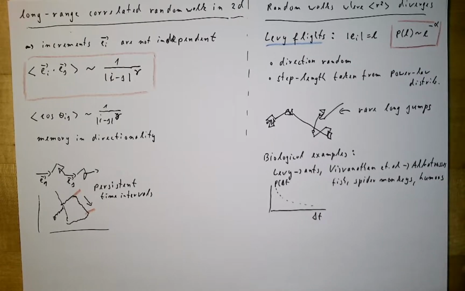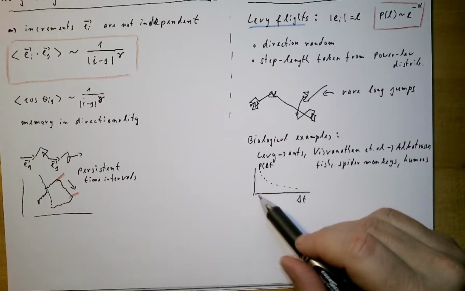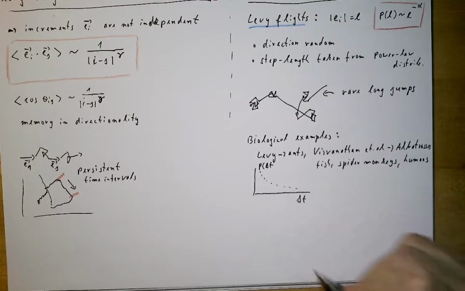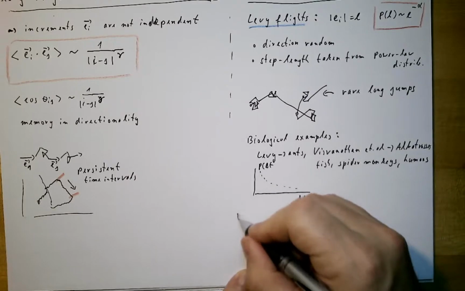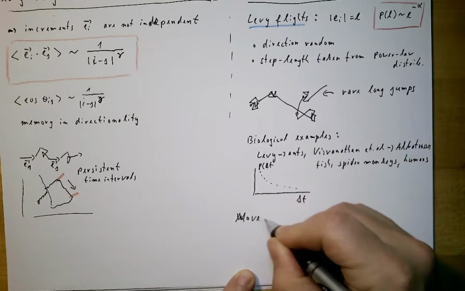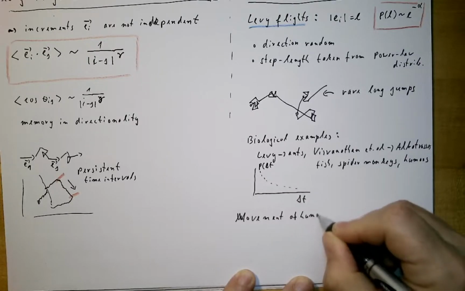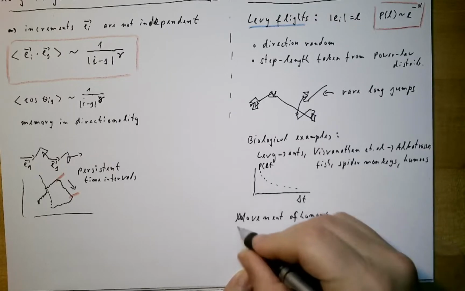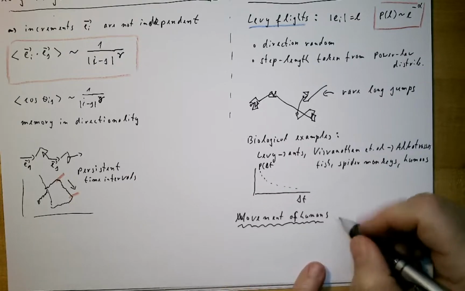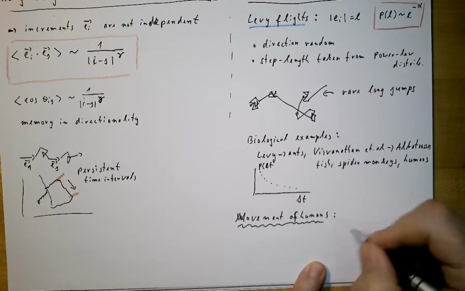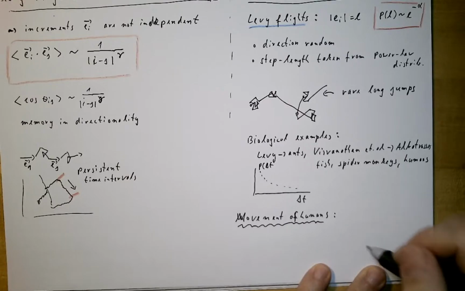Now you could ask why should we be interested in the movement of humans, and where do we know this from? So for example, when you look at the movement of humans, nowadays we don't speak so much about walking, but more maybe movement by car, by airplanes, by railroad.